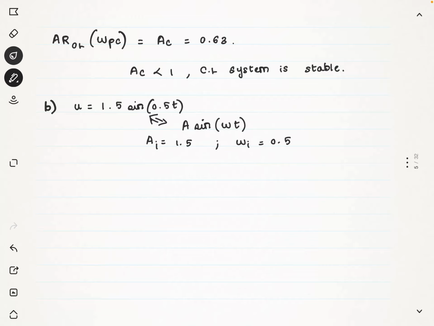So we have the equation for the amplitude ratio of the open loop system from the previous subdivision. So we have already computed, which was equation 1.